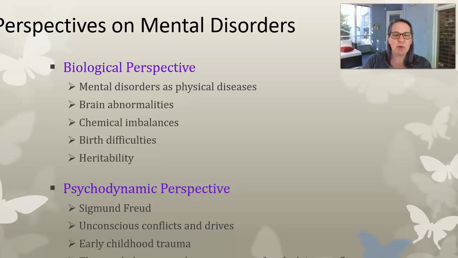The psychodynamic perspective, remember our friend Sigmund Freud, he would say that it's unconscious conflicts and drives. He might even say that there's some sort of early childhood trauma that is causing your mental illness. Freud in particular said if you repressed a memory, that eventually that memory would try to come out. And while it was trying to push to the surface, that's when you would start experiencing anxiety or those types of things.